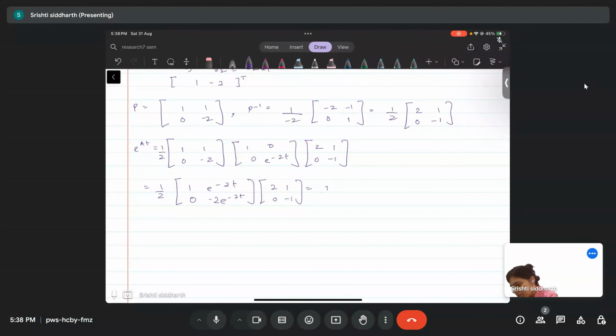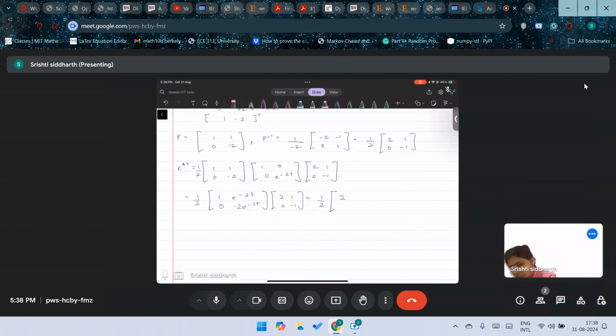So this is half times 2, then we have 1 minus e to the power minus 2t, then it's 0, and we have 2 times e to the power minus 2t.